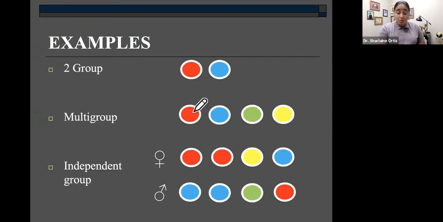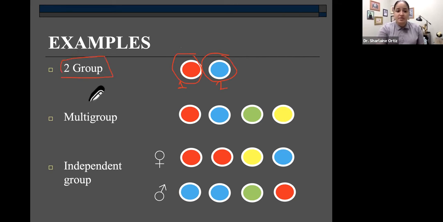When we are talking about frequency, let's think about the number of people who take medication A, the red pill, and medication B. So one group takes the red medication, and another group takes the second medication. Notice how we can do a comparison of two groups.